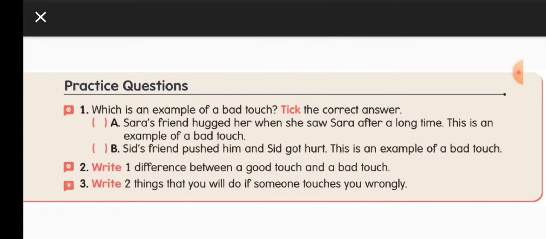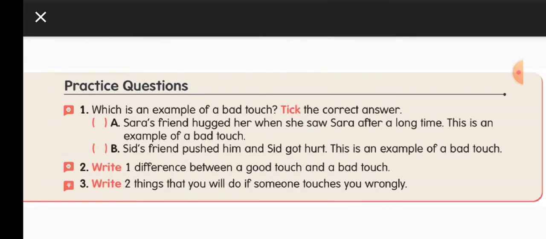Sid's friend pushed him and Sid got hurt. This is an example of a bad touch. B1, you have to put a tick in the bracket of B sentence, because when Sid's friend pushed him, he got hurt. It made him feel uncomfortable and bad, so it is a bad touch. Put a tick to the B1.